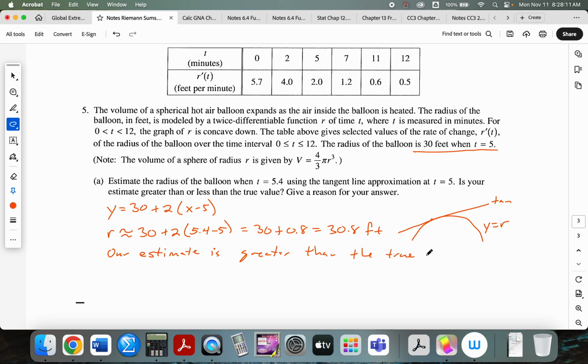And I'm going to say the true value of r, because r is concave down, so the tangent line lies above the graph of r.